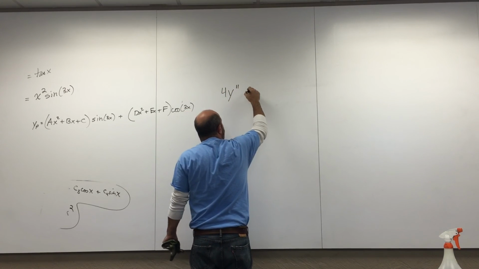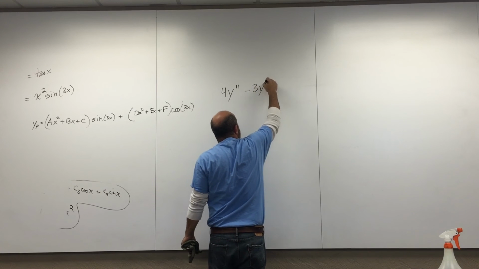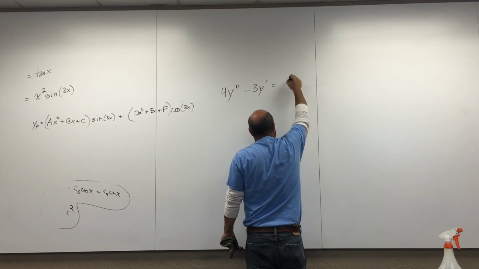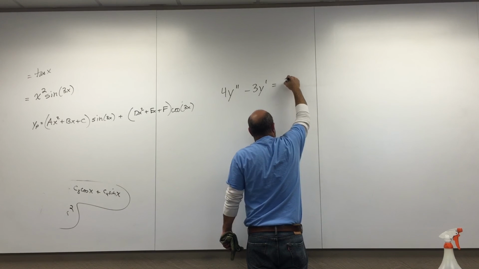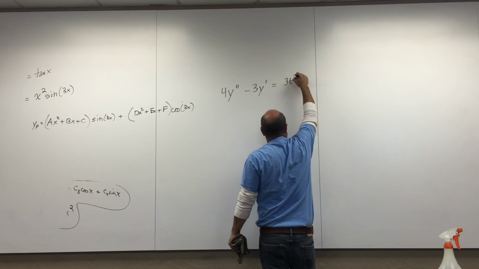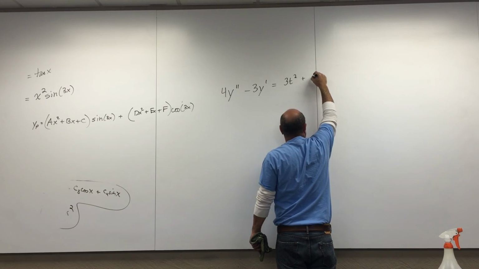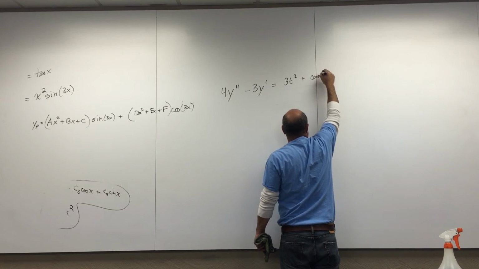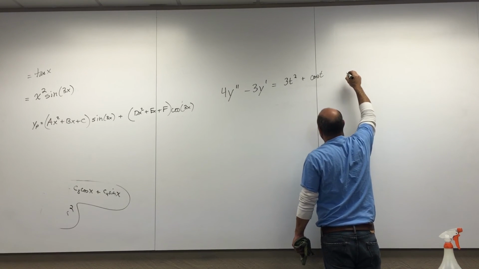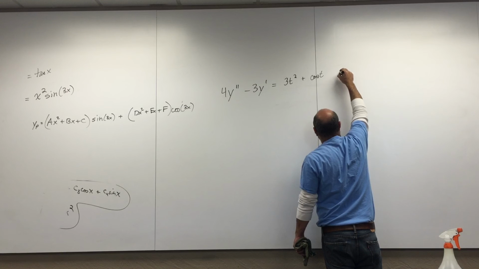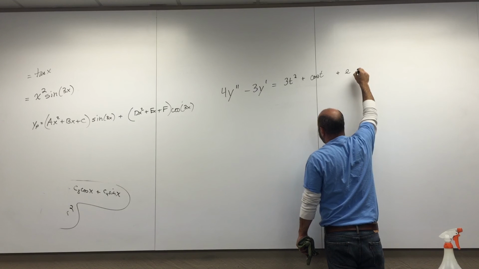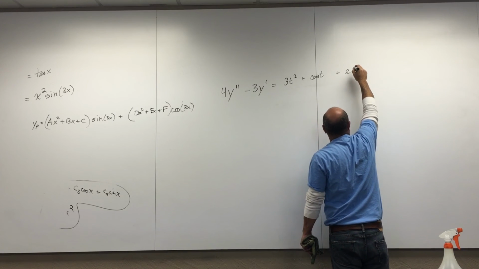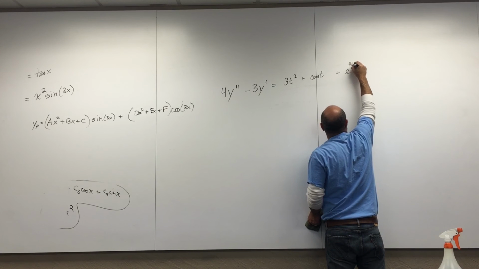I'm making one up here: 4y double prime minus 3y prime equals 3t squared plus cos t plus e to the 3/4 t.